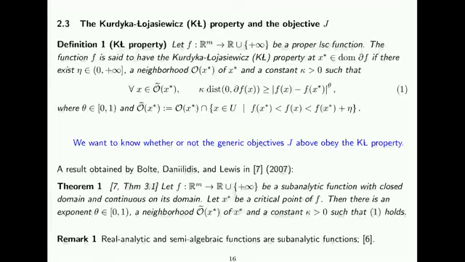I will not enter into technical details about subanalytic functions. I will only mention that real analytic and semi-algebraic functions are subanalytic functions, because that's everything that we will use on the next slide.